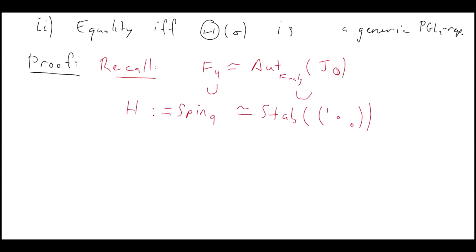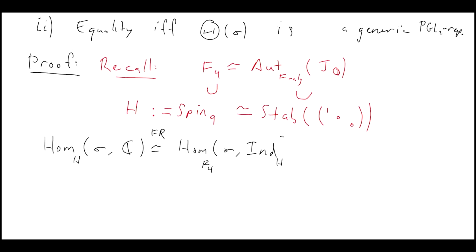Right, so let's start with exactly the object that we're looking at. We want to understand the H-invariant linear functionals of sigma. The first thing we can do is apply Frobenius reciprocity, turning this into an F4 Hom space. The trivial representation is now replaced by the induced representation from H to F4 of the trivial representation.